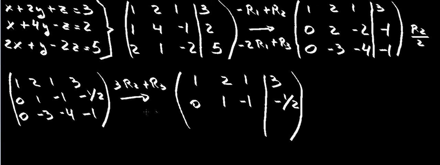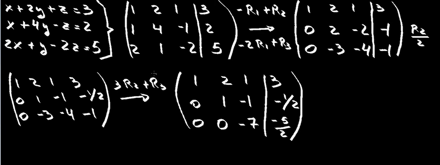So 3 times 0 plus 0 is 0. Nothing changes. 3 times 1 is 3, minus 3 is 0 as we wanted. 3 times minus 1 is minus 3, minus 4 is minus 7, and 3 times minus a half is minus 3 over 2, minus 1 is going to be minus 5 over 2.